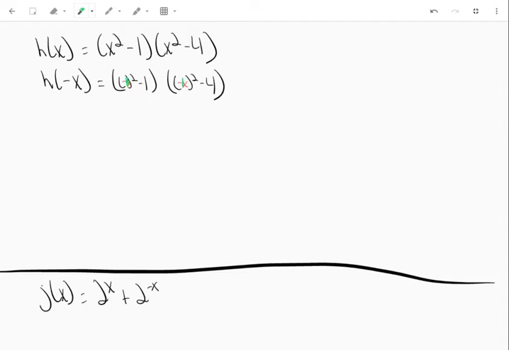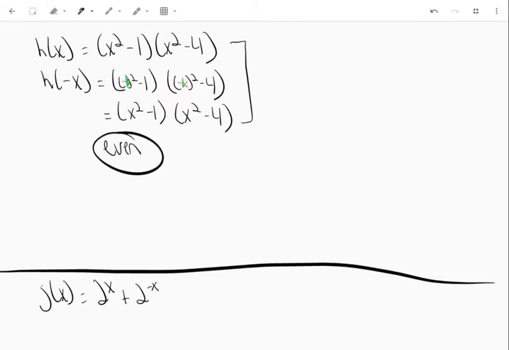Okay? And negative 1x squared is really x squared. So we end up with x squared minus 1 over here. Same thing on the right-hand side. Negative 1x squared is really x squared. So notice I end up with the same exact function. So this is an even function. So that first example, h of x, is an even function.